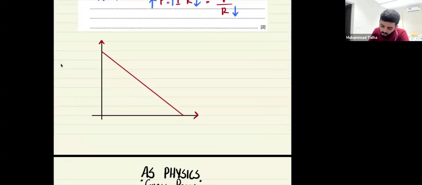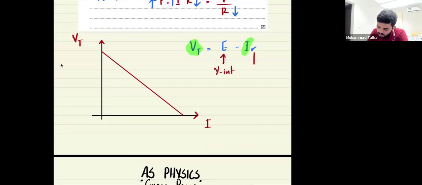That's the graph of terminal potential difference versus current, which is dictated by this equation. So basically here, this is what you have on your Y, this is what you have on your X. So then this is the Y-intercept, this is the gradient. So this thing right here is E, and this gradient is negative R.